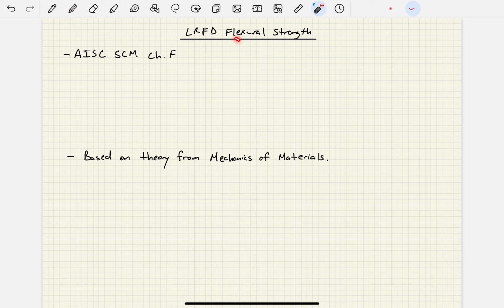So the flexural strength of steel beams is governed by the Steel Construction Manual, Chapter F, all right? And in general, that is governed by this design equation. We need phi b Mn to be bigger than or equal to Mu, okay?